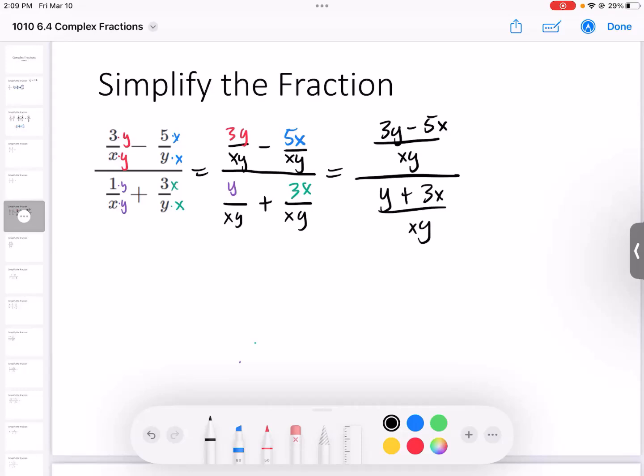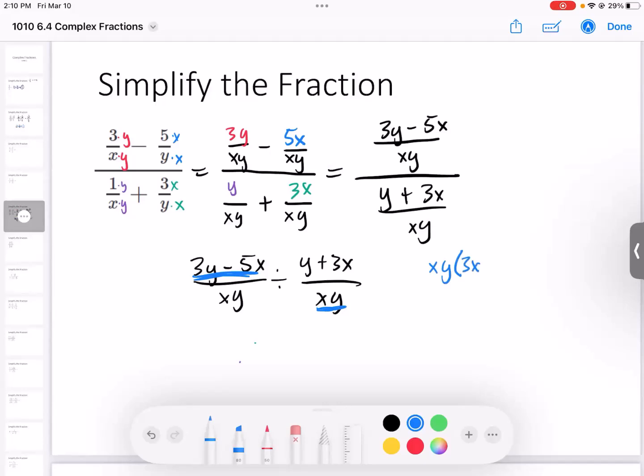And now that I have a single fraction divided by another fraction, now I can divide them with the zigzag method or multiplying by the reciprocal. So divide by Y plus 3X over XY. When I do the zigzag method and multiply this times XY, I get XY times 3Y minus 5X in the top.